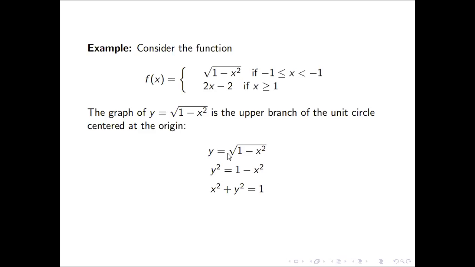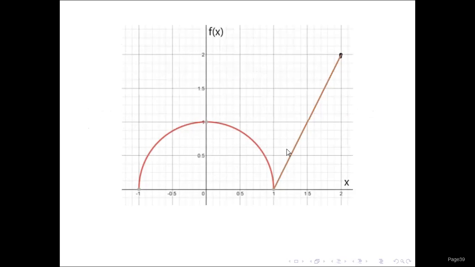So that means we only took the positive root, which is the upper part of the unit circle. So with this, we have the graph as follows. This is the unit circle with the upper branch only.